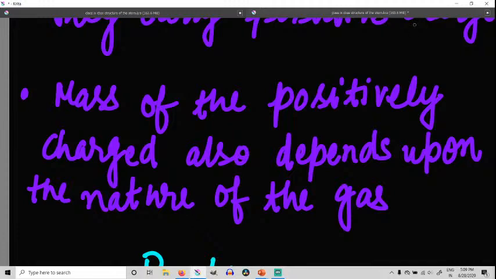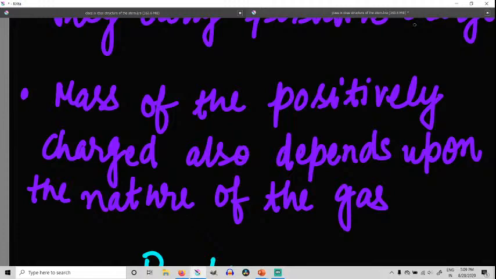So now, one more thing I would like to tell you. If you remember, in the last class we discussed the determination of the charge per mass ratio of the positively charged particle present in the anode rays, by applying a method similar to J.J. Thomson's.